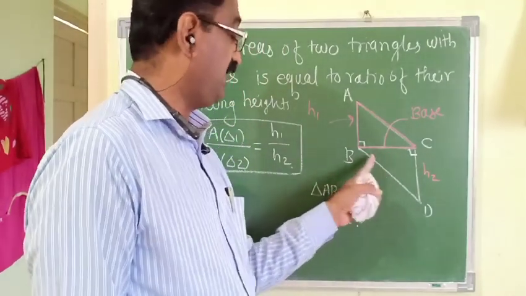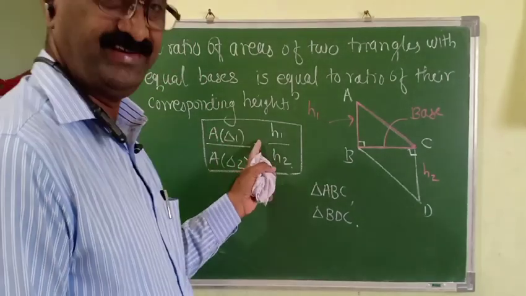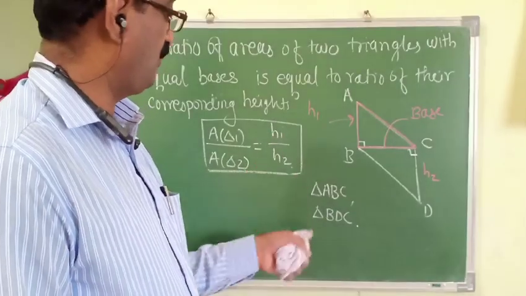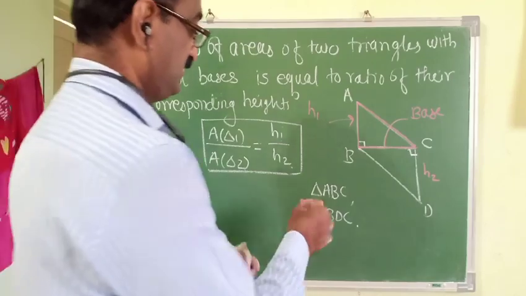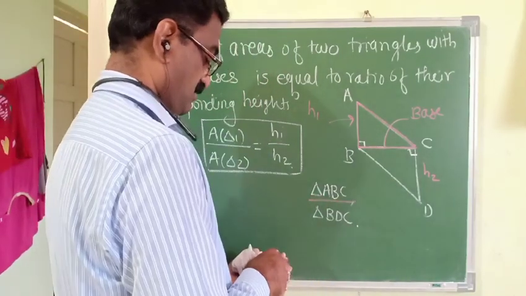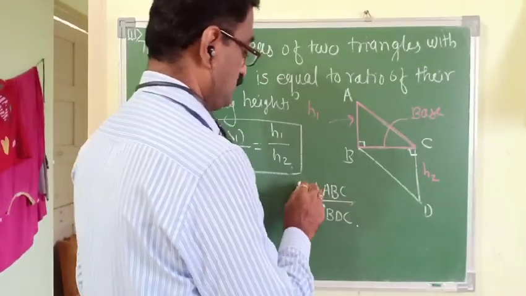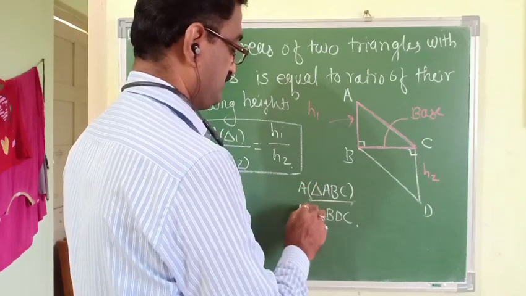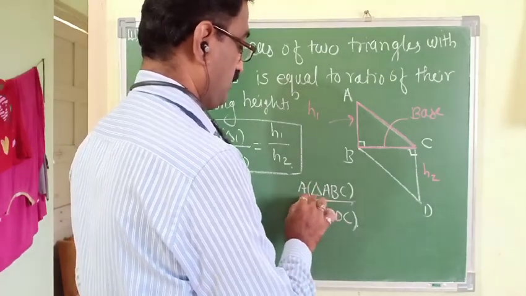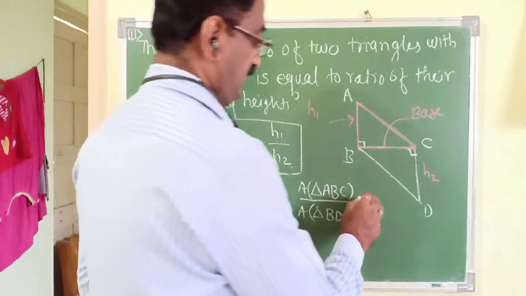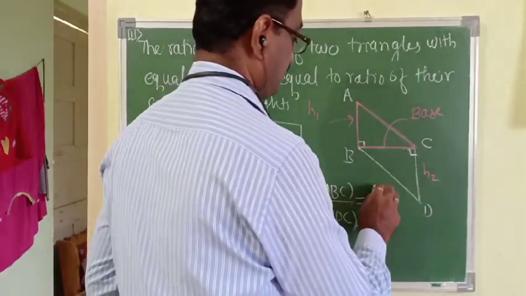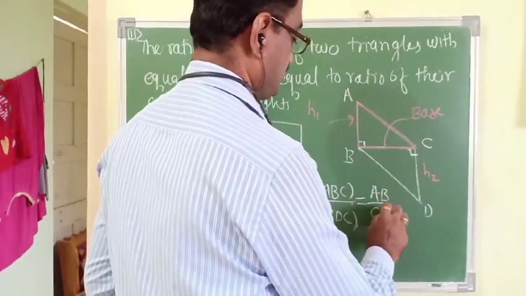Therefore, their areas are proportional to the corresponding heights. Therefore, area of triangle ABC upon area of triangle BDC is equal to their corresponding heights, AB upon CD.